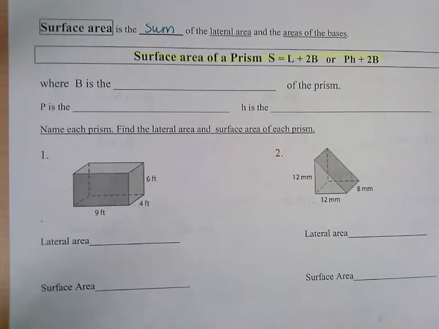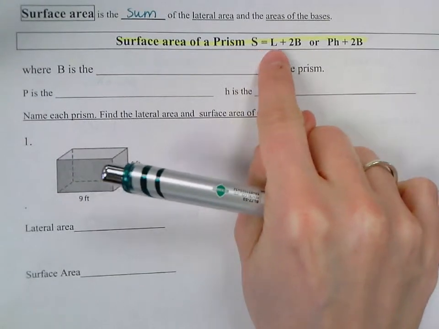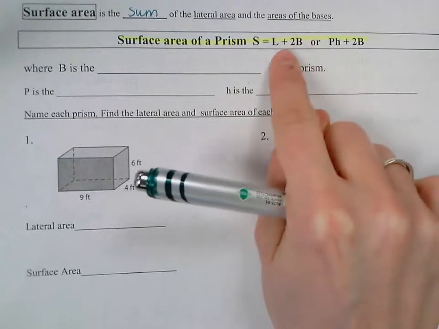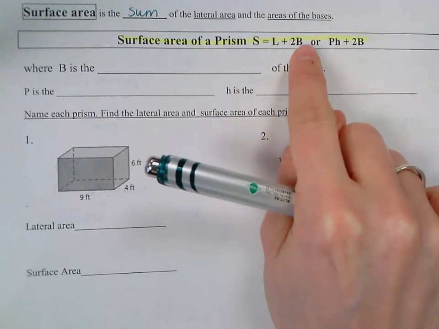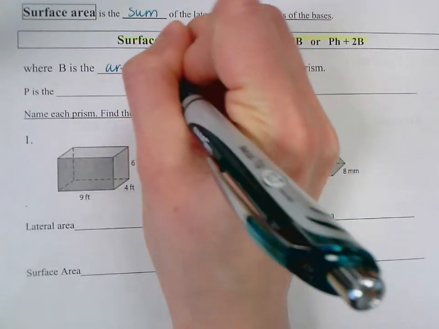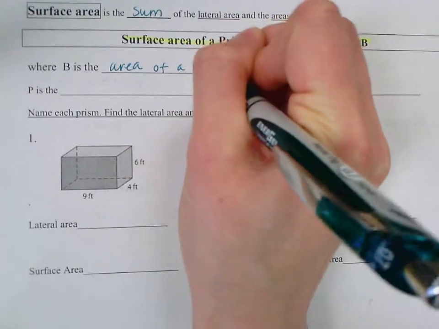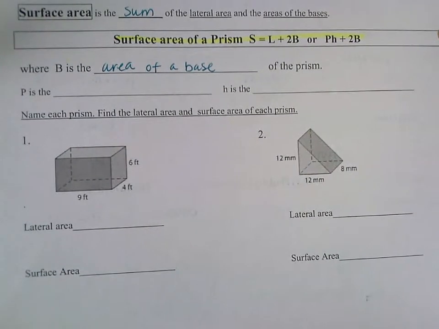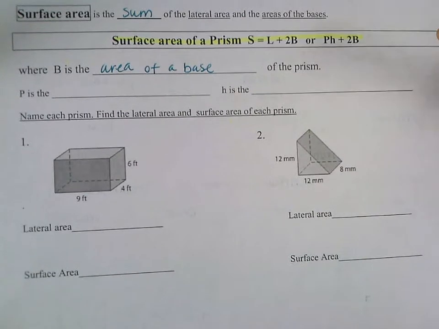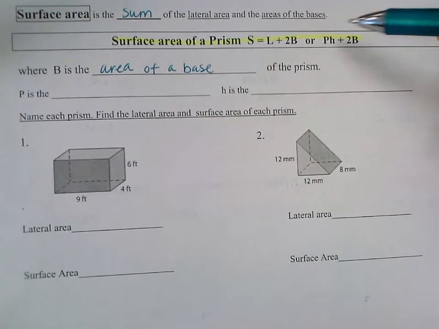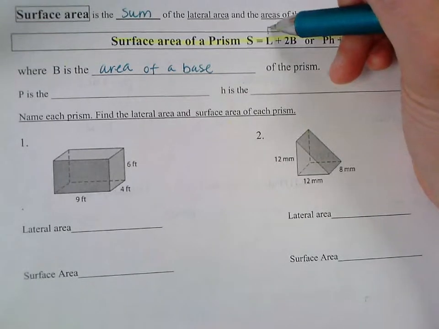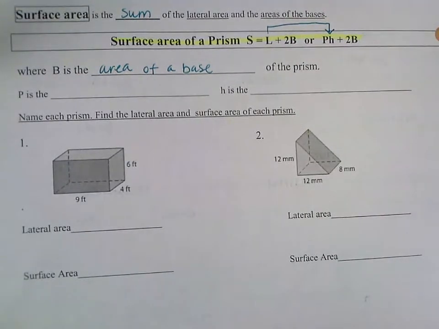So one way is S equals L plus 2B. So L is the lateral area plus you have two bases. So B, capital B here, is representing the area of a base of the prism. So lateral area plus the area of your two bases added together. The other form of writing the formula, the capital P times H plus 2 times capital B. Capital P times H is your lateral area.